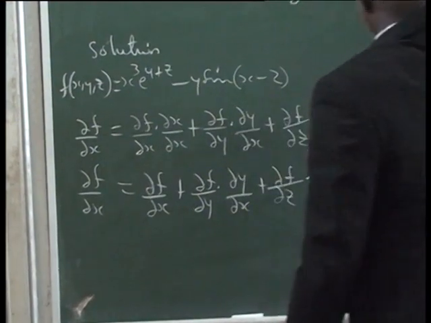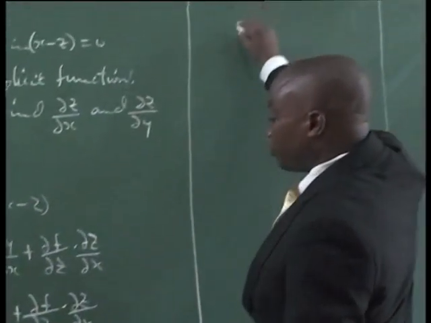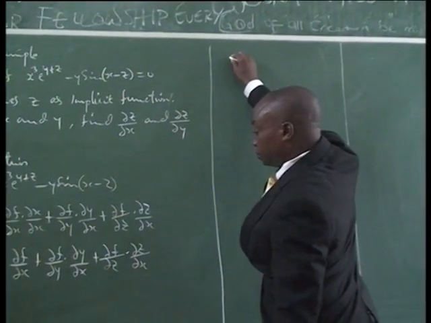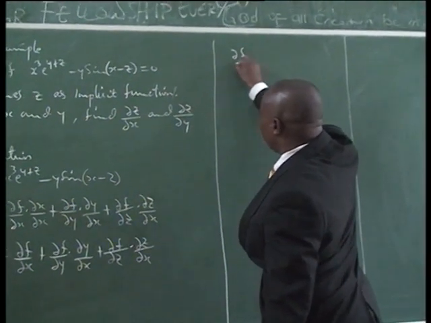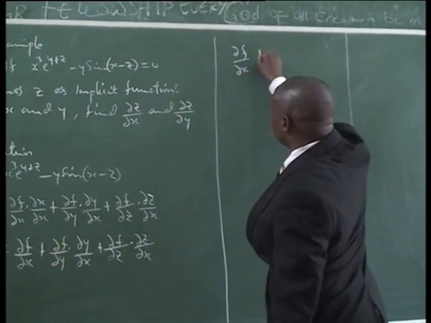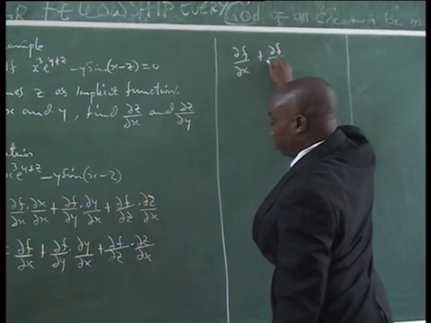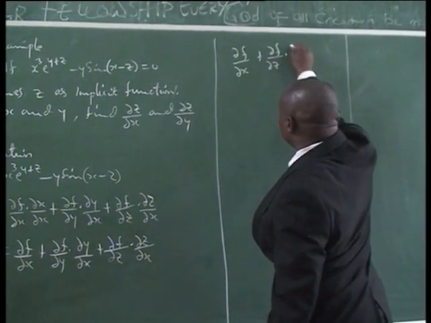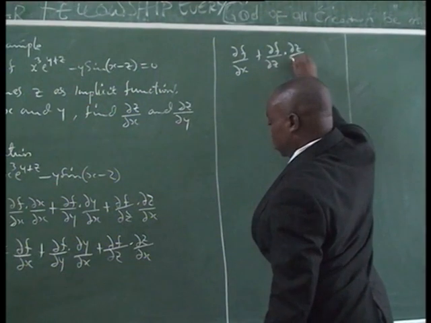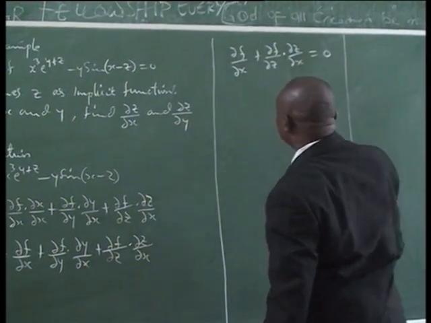So we will have partial f/partial x plus partial f/partial z times partial z/partial x equals 0.